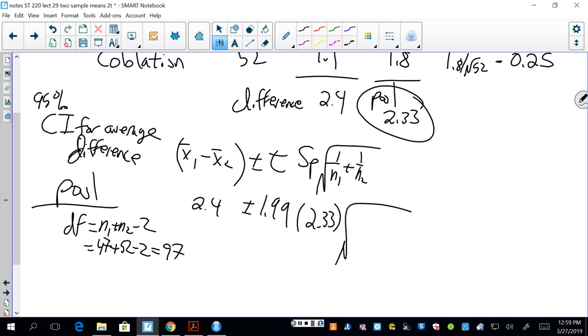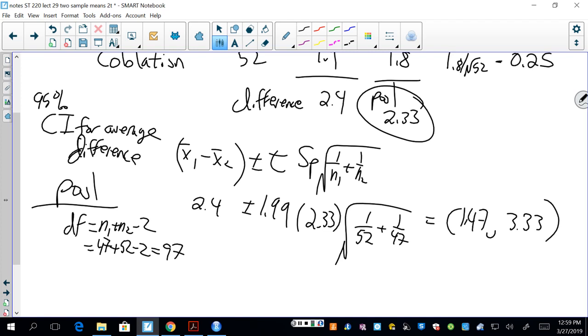We have the square root of 1 over 52 plus 1 over 47. And it is 1.47 versus 3.33.